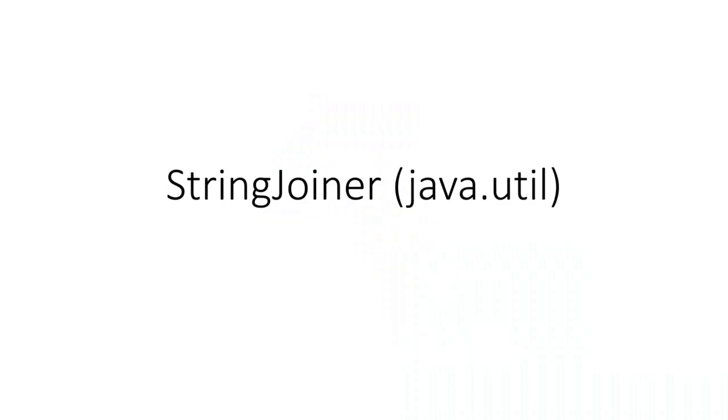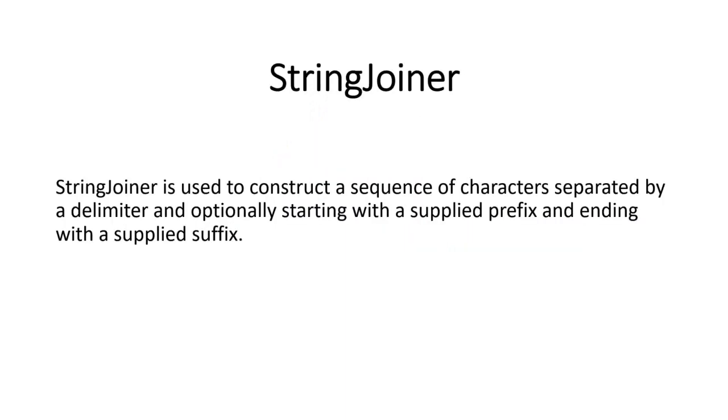Yeah, so let's talk about StringJoiner. This is the definition which I picked from the Oracle documentation. StringJoiner is used to construct a sequence of characters separated by a delimiter and optionally starting with a supplied prefix and ending with a supplied suffix.